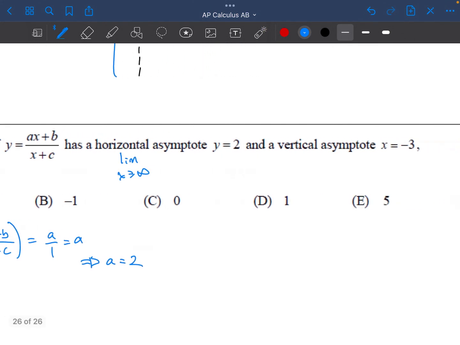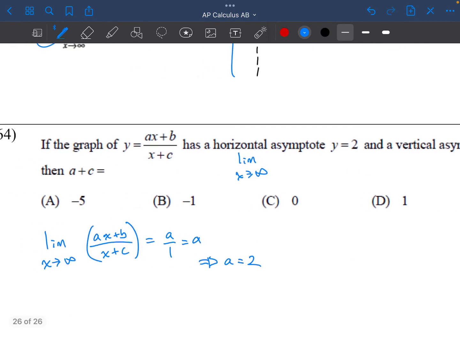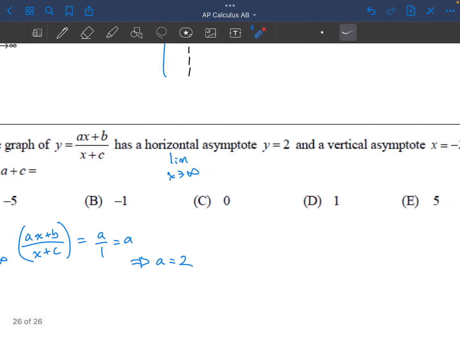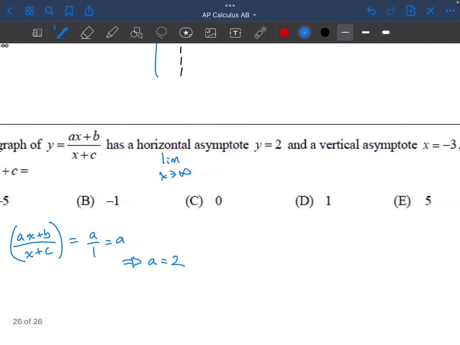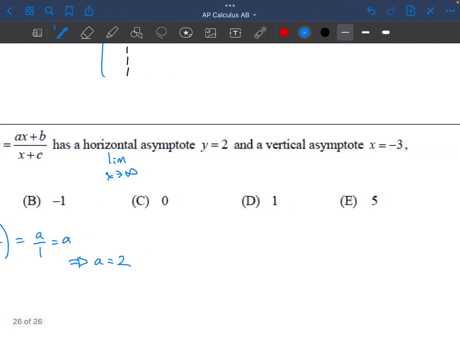Now we need our value of c, because we're doing a plus c. So how do we get our value of c? Well, I'm noticing immediately that c is in the denominator, and that is the definition of a vertical asymptote. This is pulled from Algebra 2 and pre-calculus. So a VA, the definition, not in AP Calculus, just from before, is whenever you set the bottom equal to 0. If you set the bottom equal to 0, that is your vertical asymptote.